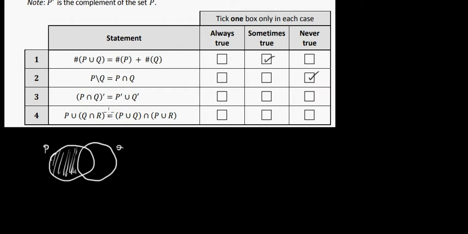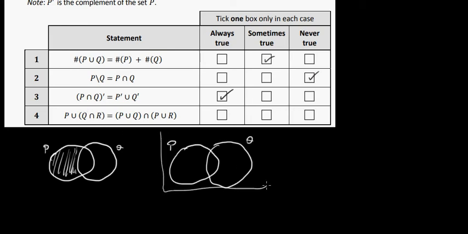Okay, third one, P intersection Q complement is equal to P complement union Q complement. This is always true. So if we take P and Q here, P intersection Q complement, we'll just put the universal set around it.